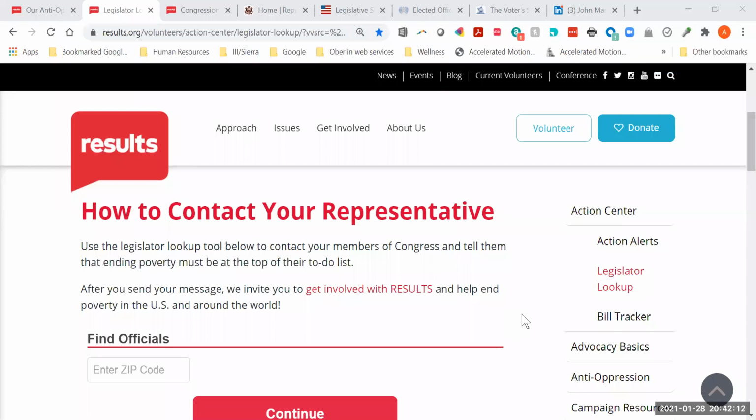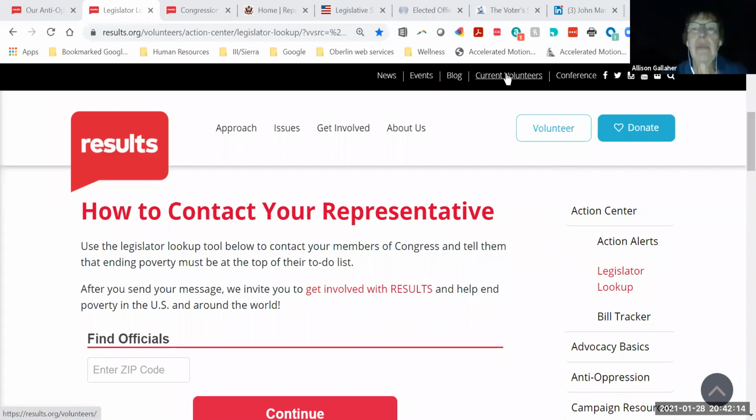Good, good. So I went from Current Volunteers right here at the top of the page. That is on every page of the results website. And then there's a right column of choices that is also always resident in the frame. Legislator Lookup is right here under Lisa's face, and we get to this how to contact your representative.